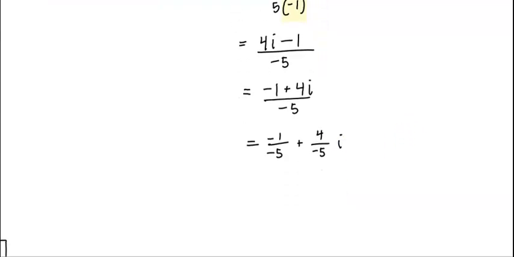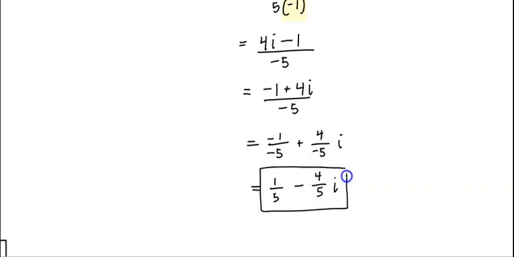We still have to simplify this a little more. 1 over 5, they're both negative, so they cancel out the negatives, just giving us positive 1 over 5. And for the second term, it's a positive over a negative. That makes a negative, so instead of putting plus, I'm going to put minus 4 over 5i. If you had done 5i over 5i, you would eventually get the same answer. You would have just had to simplify it later on.